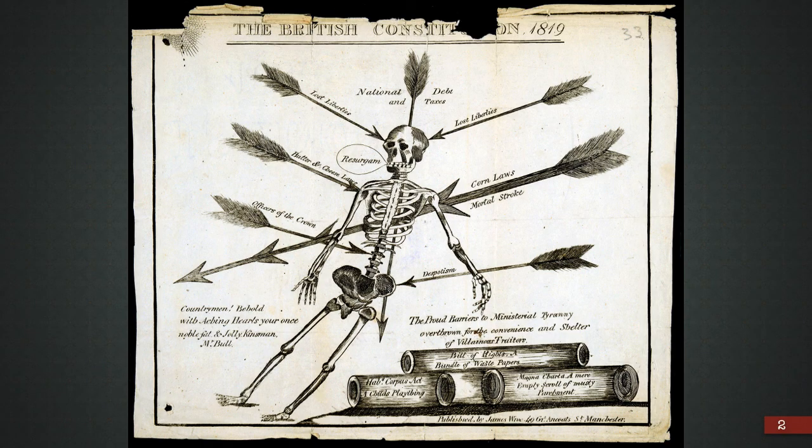If we take a moment and look at the image here, this is called the British Constitution 1819, and you'll notice that by constitution it's referring to your physical constitution, your health, and you see that the skeleton is being besieged by arrows of things like lost liberties, the Corn Laws, and other sorts of things.